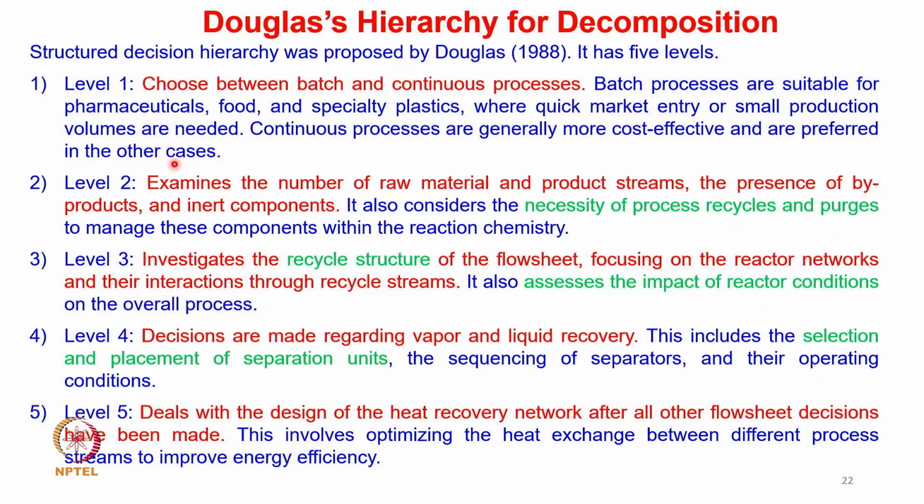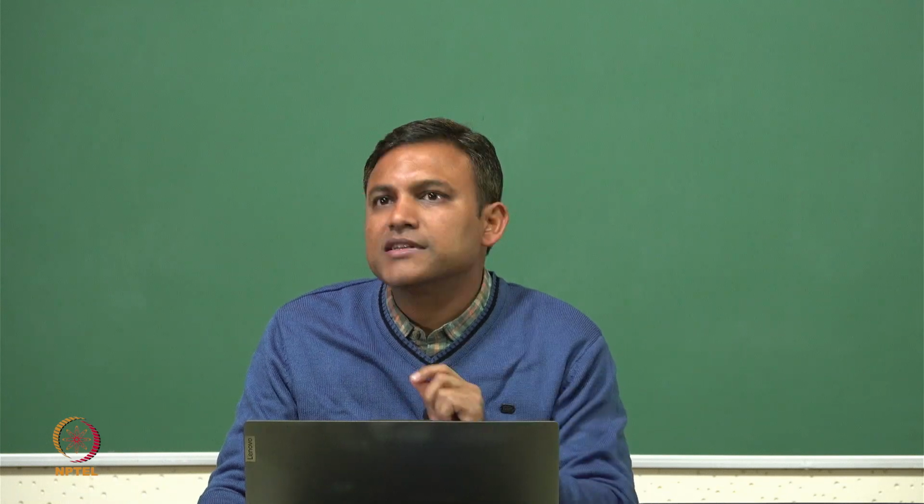In level 2 we examine the number of raw material and product streams, the presence of byproducts and inert components. It also considers the necessity of process recycle and purge. So depending on what type of raw material we are using, it gives the information whether recycle and purges are required or not.